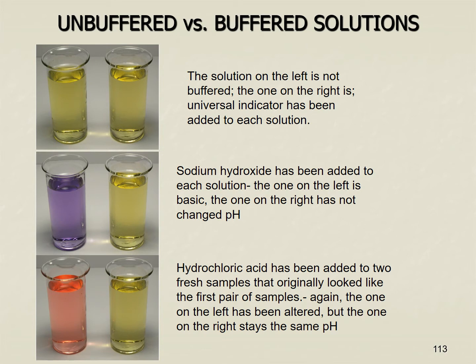So the pH could drop from 7 down to 4 just with a few little drops of HCl in an unbuffered solution. But again, the buffered solution on the right has stayed the same pH. It's stayed 7, and so that's the purpose of a buffer.